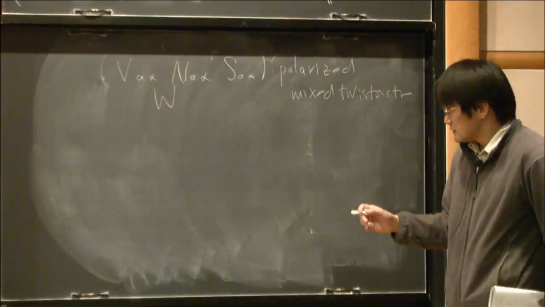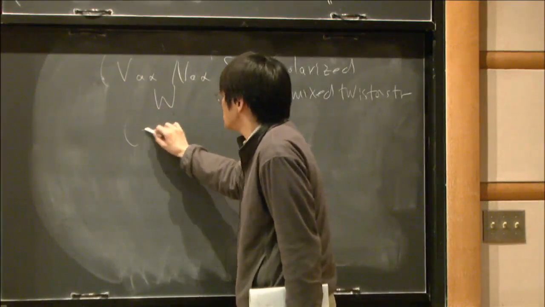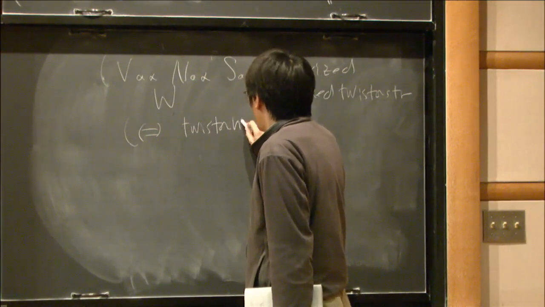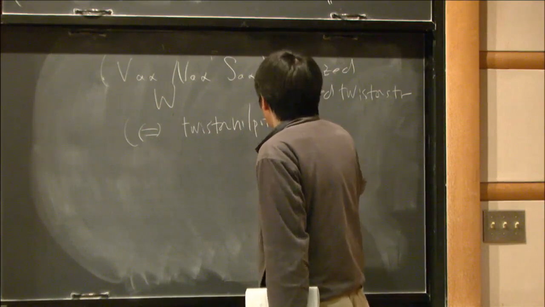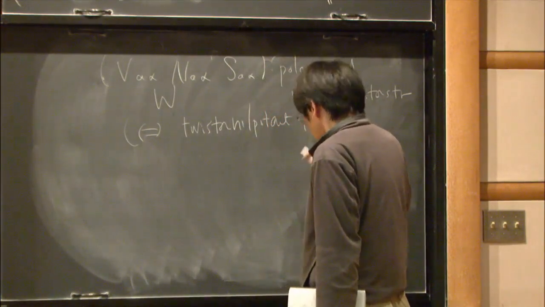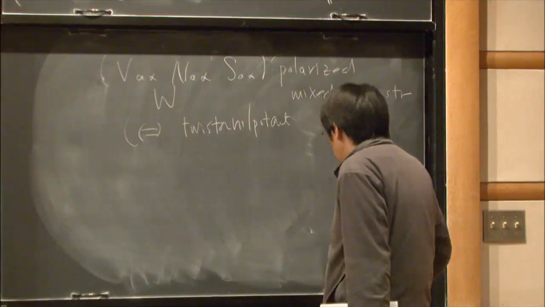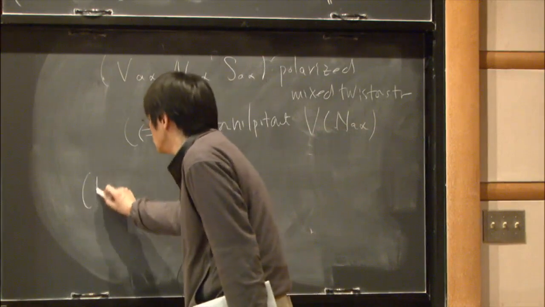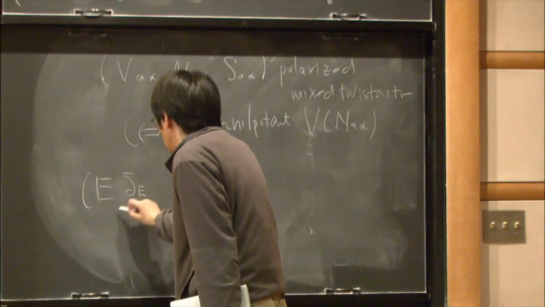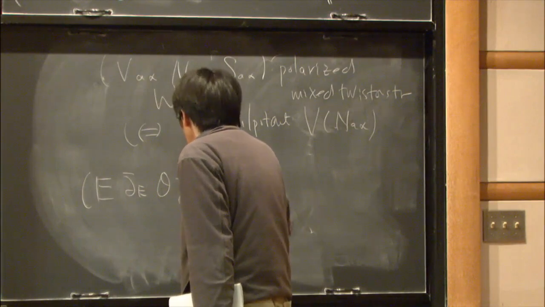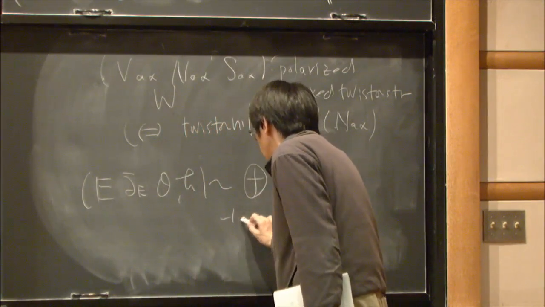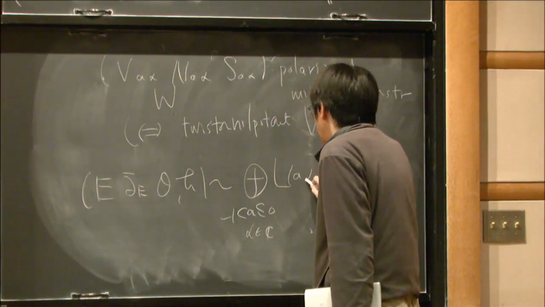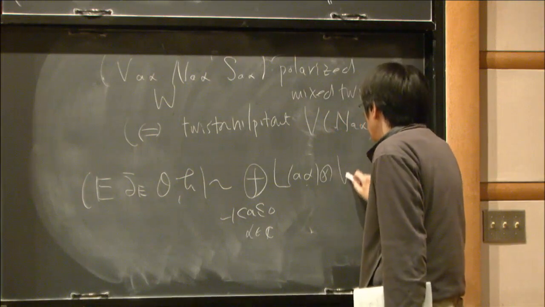And as in the Hodge case, we have the corresponding twistor nilpotent orbit, which we write V N A alpha. Then we can show theta h is close to -1, 0, L A alpha tensor V N A alpha.